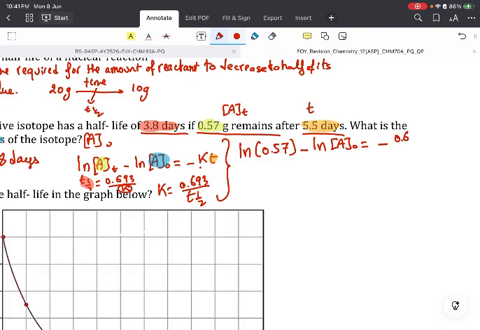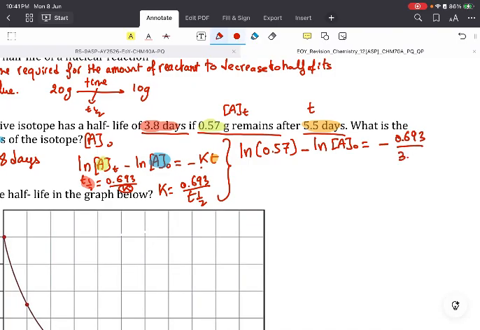So 0.693 over T half, which is 3.8 days. I don't need to convert because the time in this question is days, and T is 5.5 days. Now plugging this into your calculator, you're gonna find out that A0 is 1.55 grams.